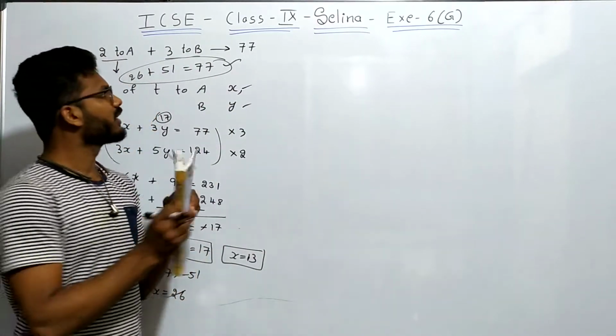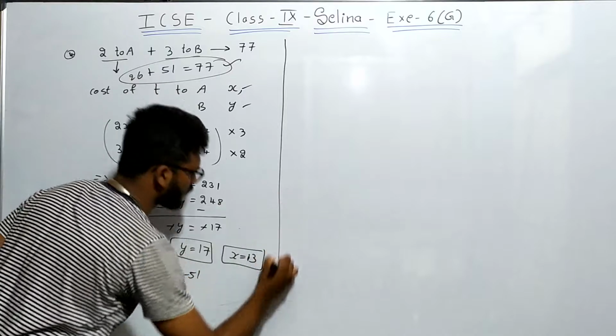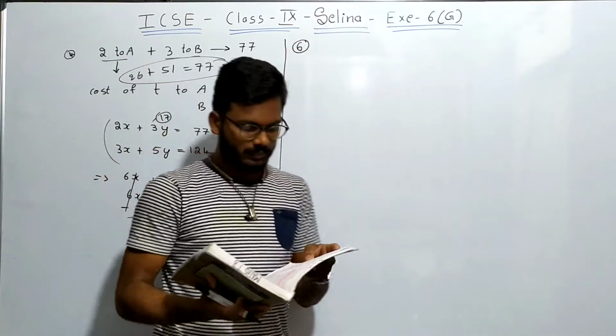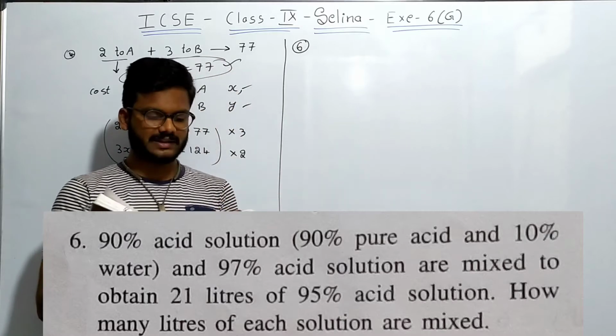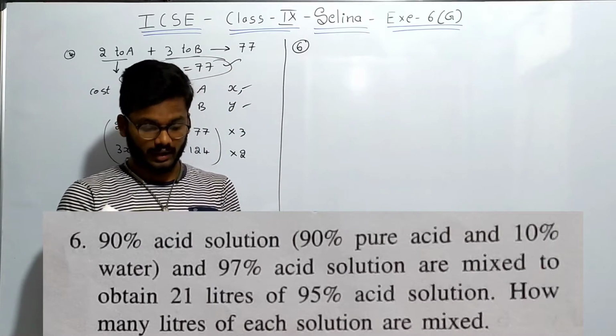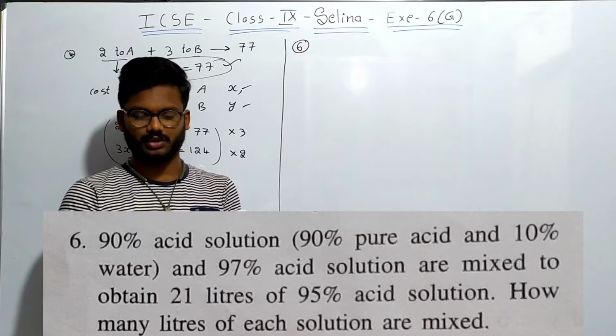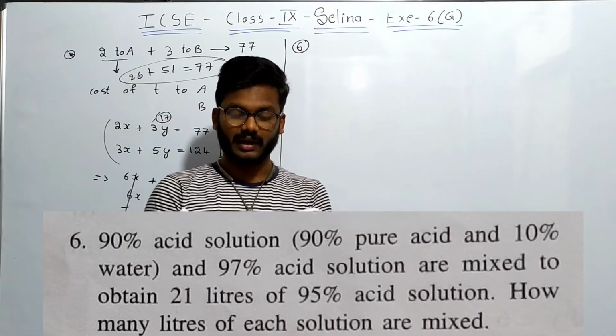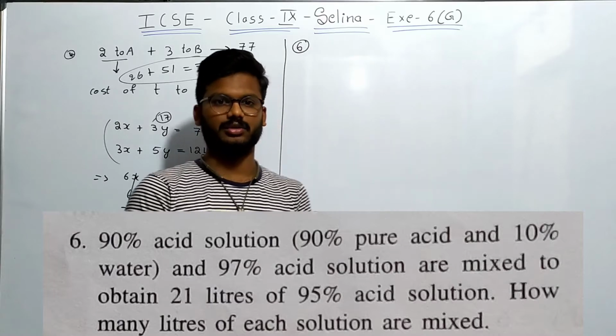See this carefully. Sixth problem. 90% acid solution and 97% acid solution are mixed to obtain 21 liters of 95% acid solution.